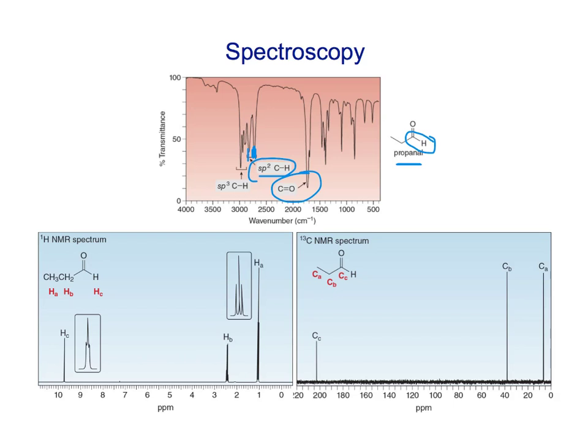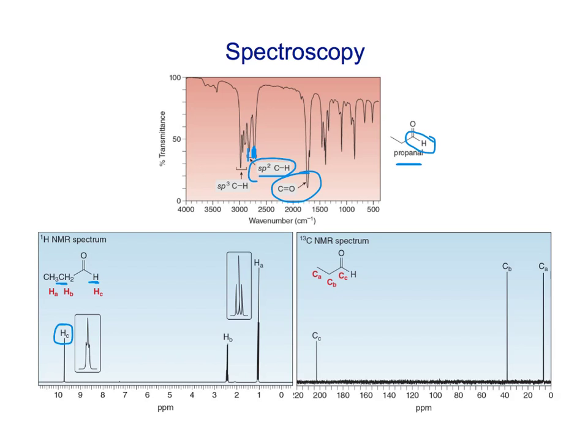All right, as far as NMR goes, we can easily see aldehydes in the proton NMR spectrum. They're usually out in the 9 to low 10 range. If, like in this case, they have hydrogens on the adjacent carbon, they can couple with those protons, right?